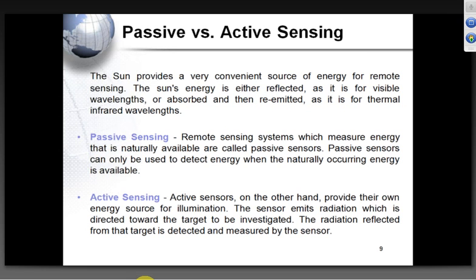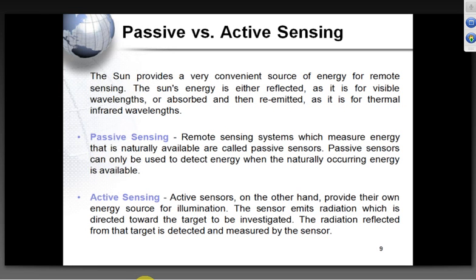Passive sensors are those which measure energy that is naturally available, for example, the sun. Passive sensors can only be used to detect energy when the naturally occurring energy is available. So you can easily say that passive sensors will work only when there are sun hours.